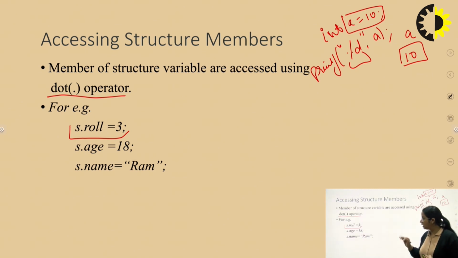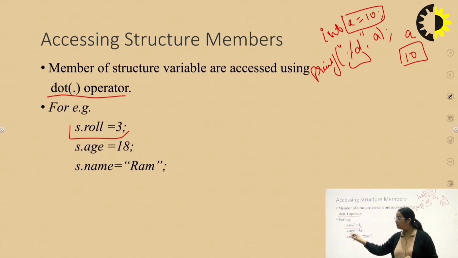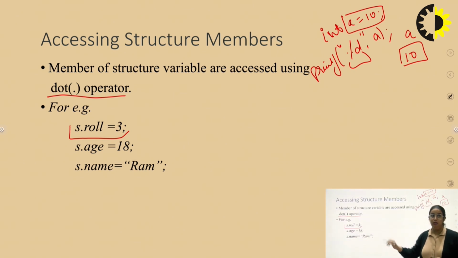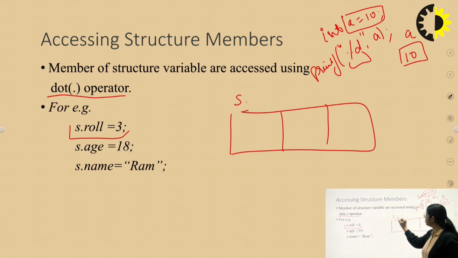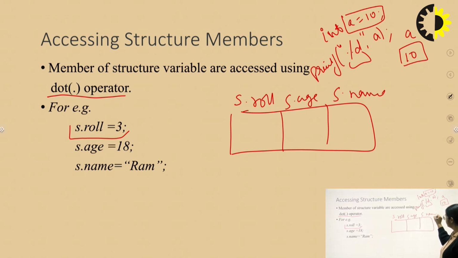Hope you understand. Likewise, if you access the element in your second field, the structure is like this. We are having 3 fields. That means this is your S roll number, S age, and S name. This is the structure representation.